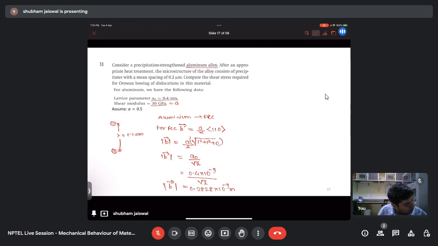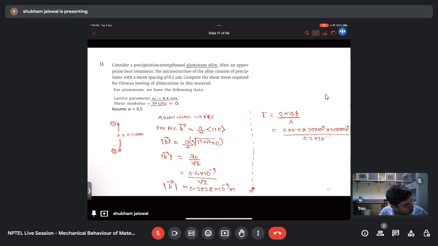Now we need to find out the shear stress. So we know tau equal to 2 alpha Gb upon lambda. So we have all the values. We'll put 2 into 0.5 into G, which is 30 into 10 to the power 9, into the Burgers vector, which is 0.2828 into 10 to the power minus 9, divided by lambda, which is given as 0.2 micrometer.